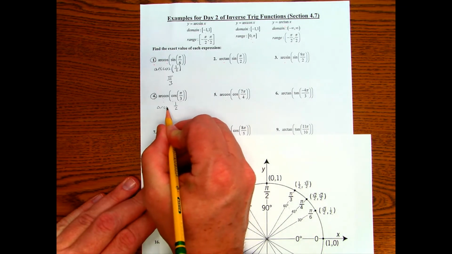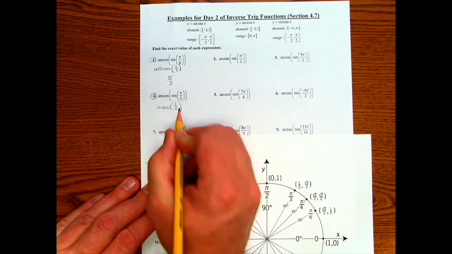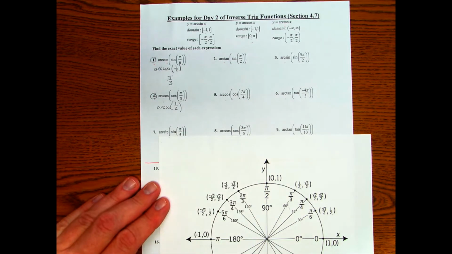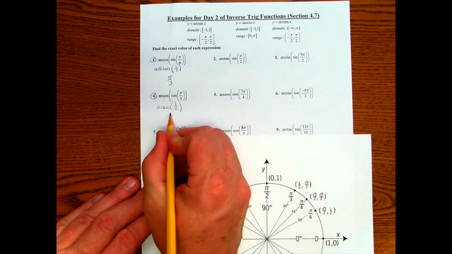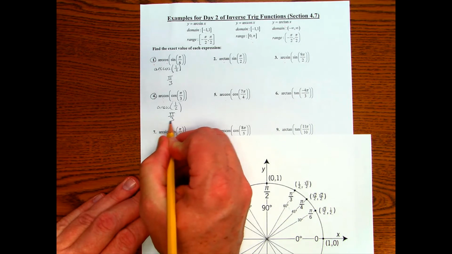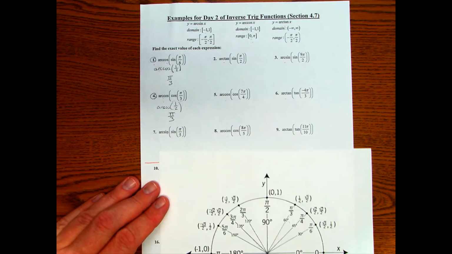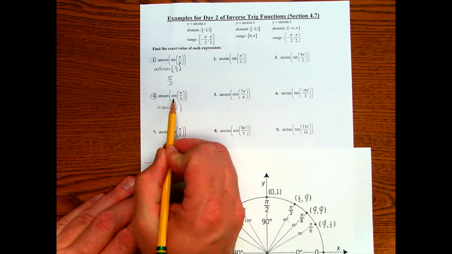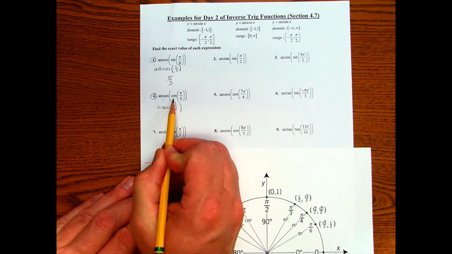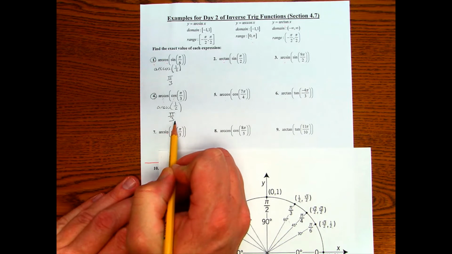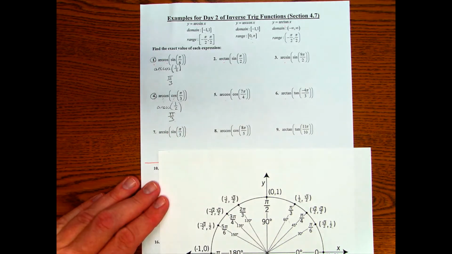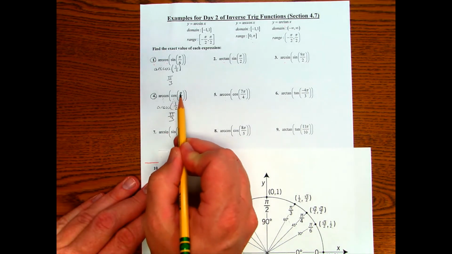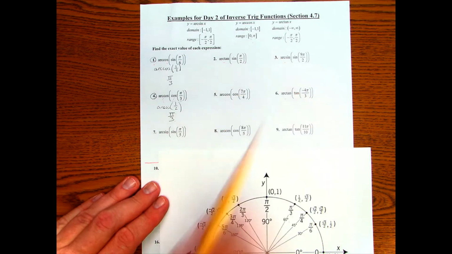And then the arc cosine of 1/2, we're actually back to the last question we just did. We just answered that as π/3. So what's happening here is arc cosine and cosine, those are inverses of each other, so they're undoing each other, getting us back to π/3. Now that's going to be true as long as that π/3 fits that interval.